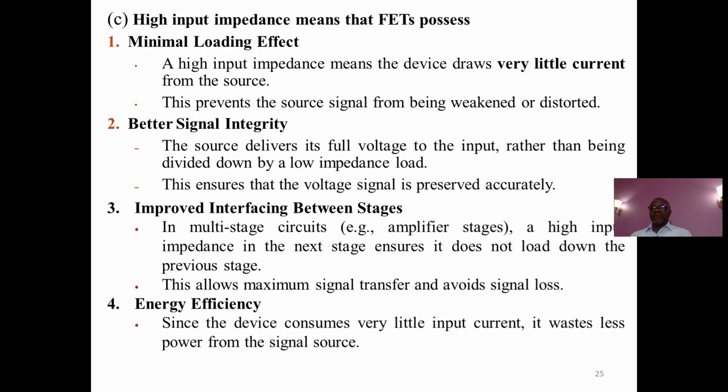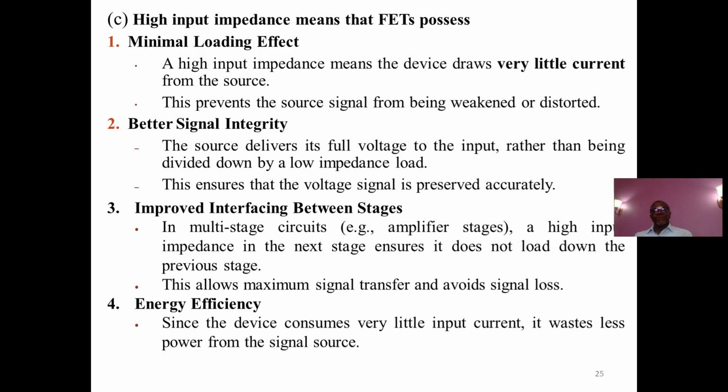But if the meter you are using has low input impedance, it becomes part of the impedance of the circuit you are measuring, thereby not giving you the accurate result of the voltage across that component, because its impedance is factored into the measurement you are taking. But with a high input impedance meter, you will be able to get a more accurate reading of what you are taking.